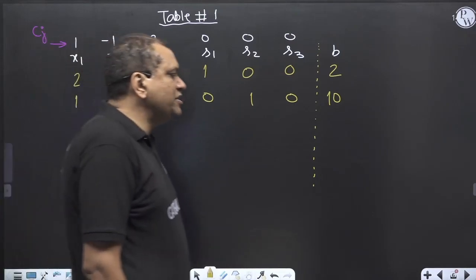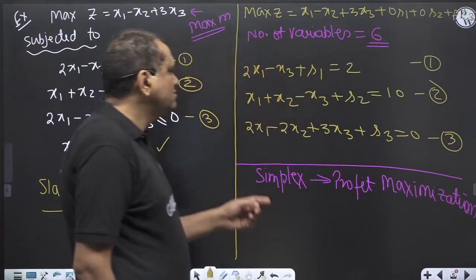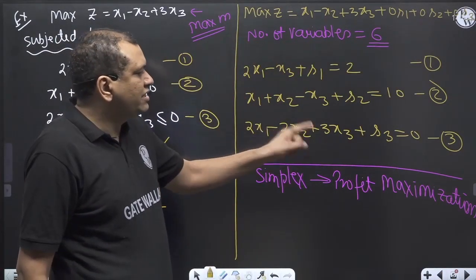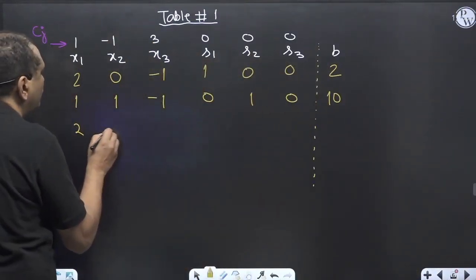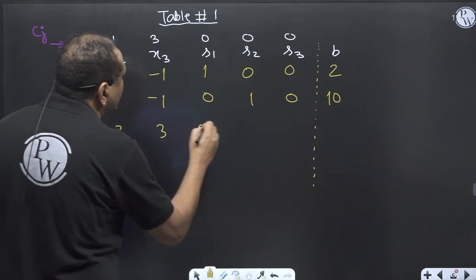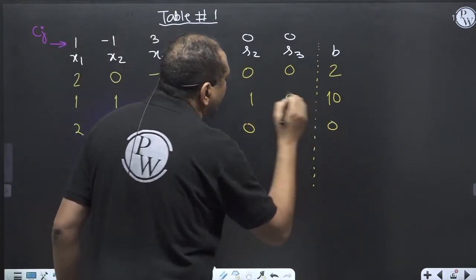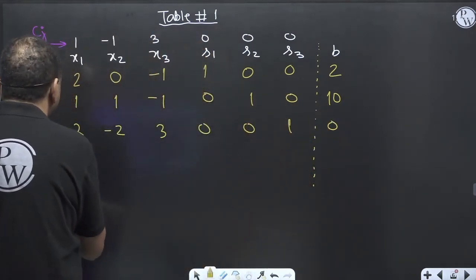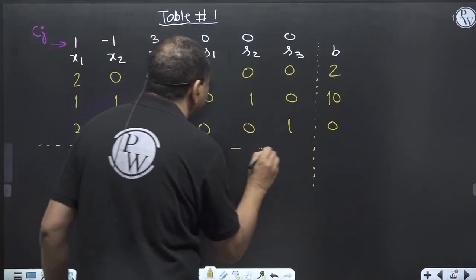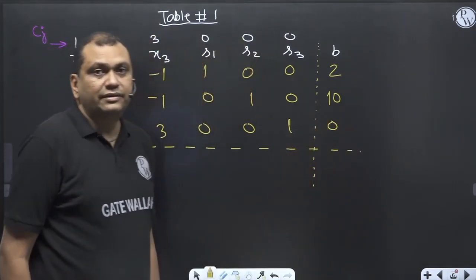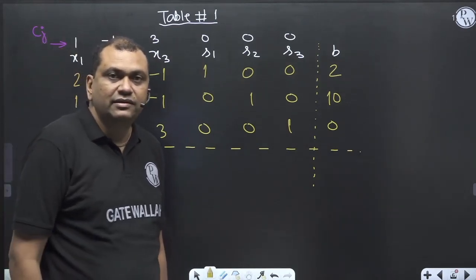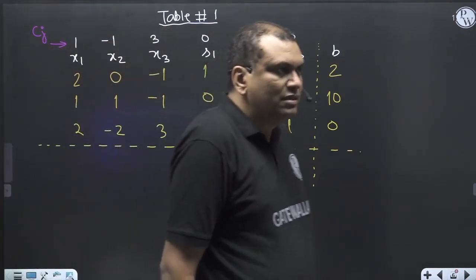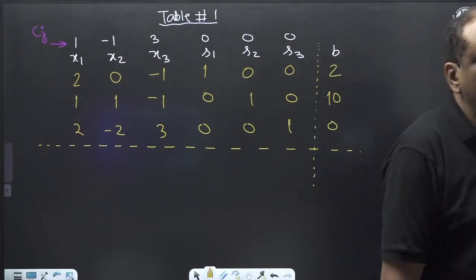Now the information about the third constraint: 2, -2, 3, 0, 0, 1, and the right hand side is 0. I hope that is correct for all of you.